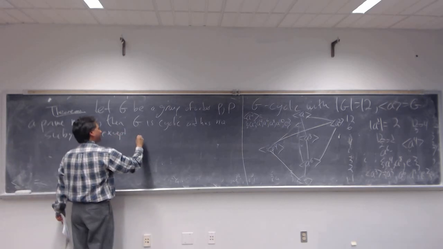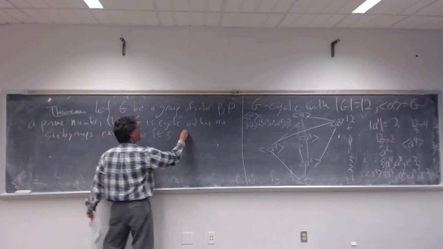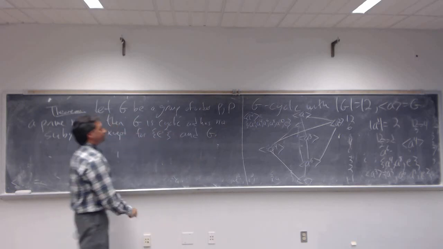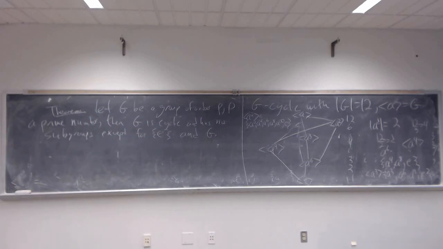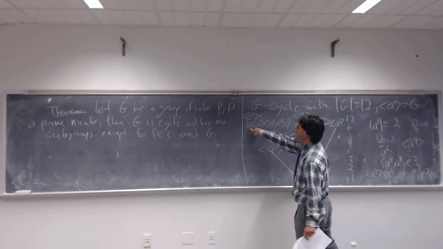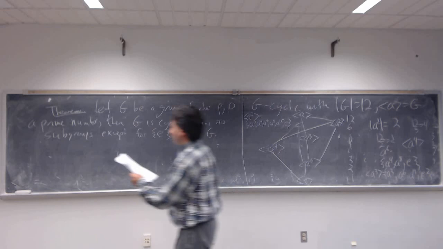Well, what are the trivial subgroups? Certainly the identity is a subgroup of G, and the group itself is a subgroup, but nothing in between. In other words, a subgroup graph would be a single straight line from G to the identity. That's all, folks. So let's prove it.